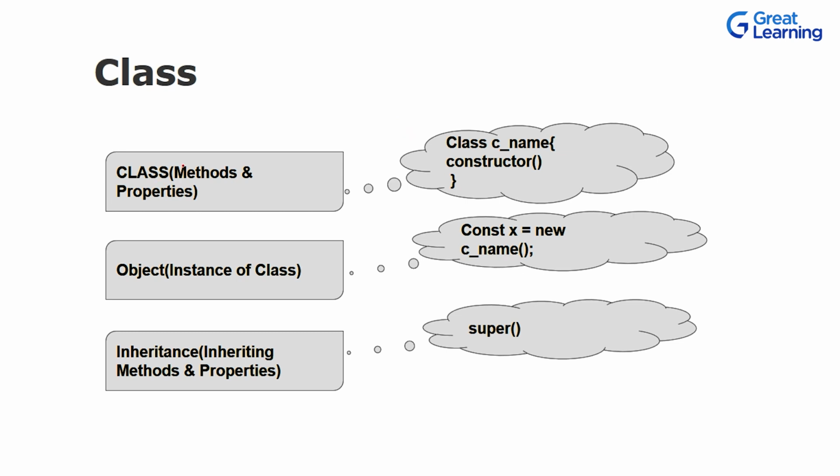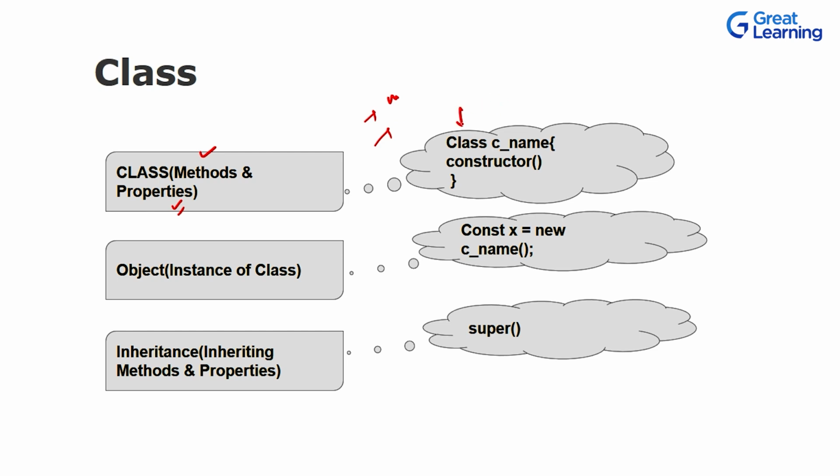So this class contains nothing but methods, which are your functions, and properties. For example, let's suppose you have the property associated with the object Great Learning. That means what is the name of the company, how many employees are there. These are all the properties associated with this class, Great Learning, right? So similarly, how do we declare this class?